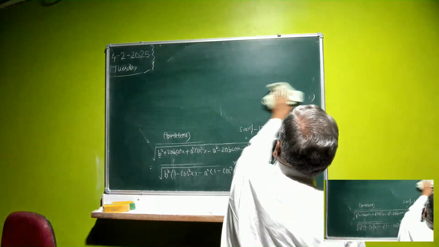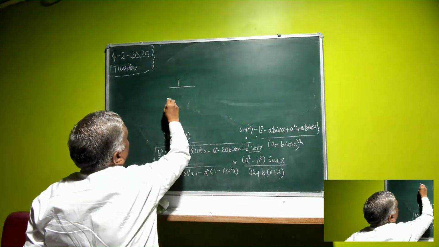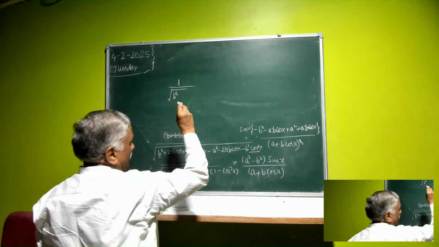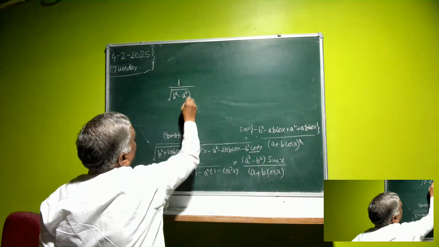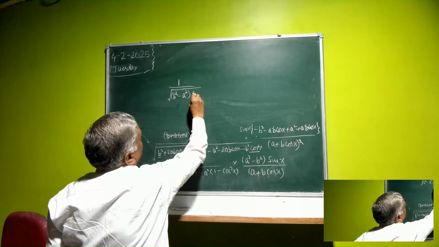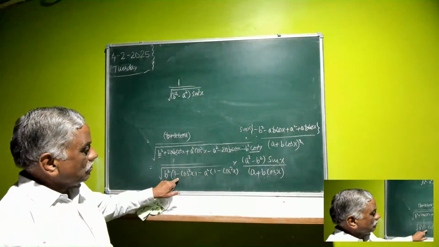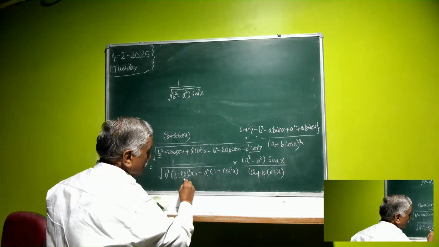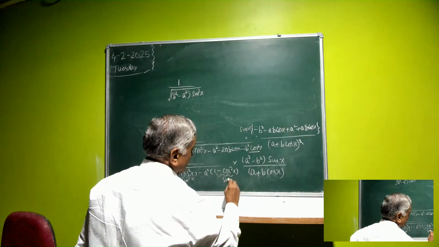So, I can write this as 1 over root of b square minus a square into sin square x. This is cos square x, 1 minus cos square x is sin square x. This is sin square x. This is also sin square x.